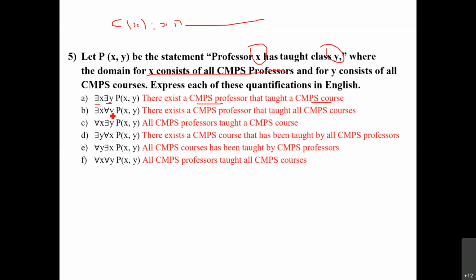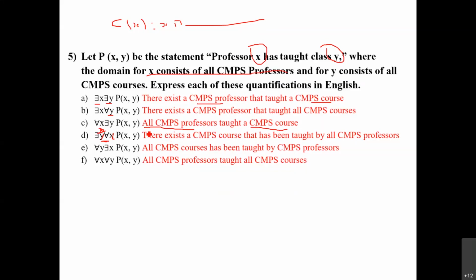There exists a CMPS professor that taught all CMPS courses. All CMPS professors taught a CMPS course. I think here there's a mistake. It should be X and then. Oh, no, this is right.